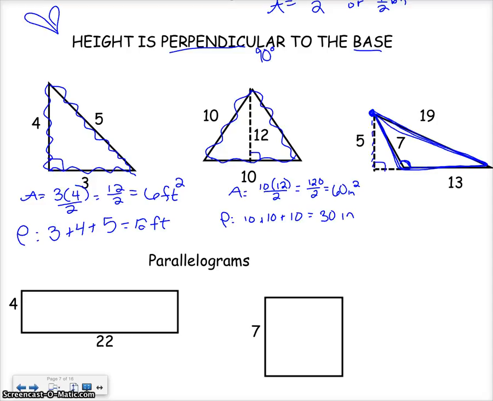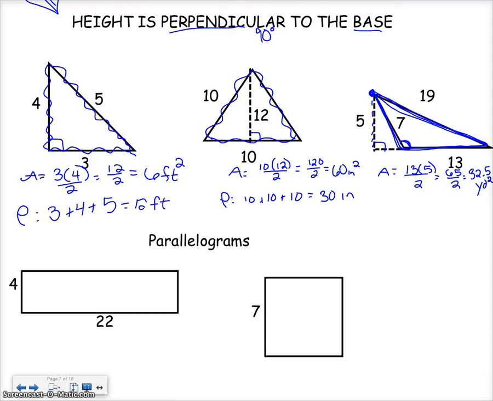So my area of this one would be 13 times 5, because that's what meets at a perpendicular angle, divided by 2. 65 over 2, which I have no idea what that is, 32.5. And let's go ahead and call this yards squared, square yards. Okay?